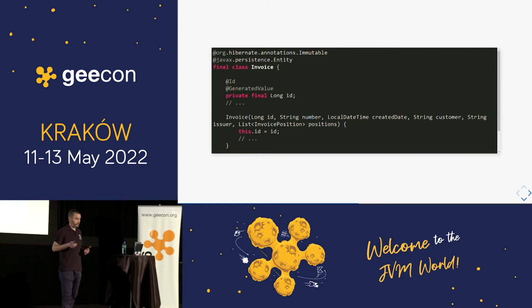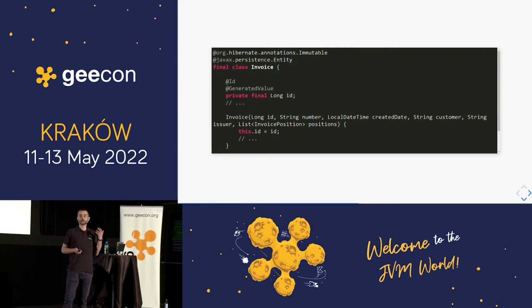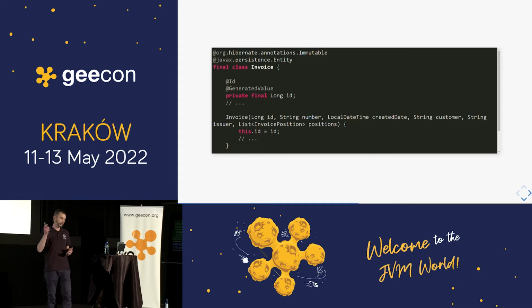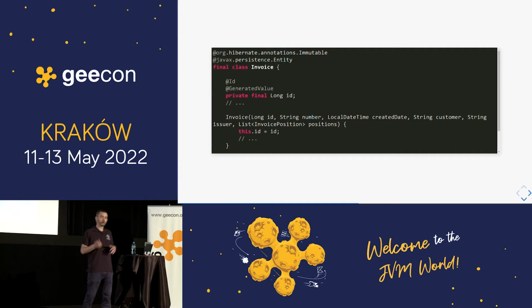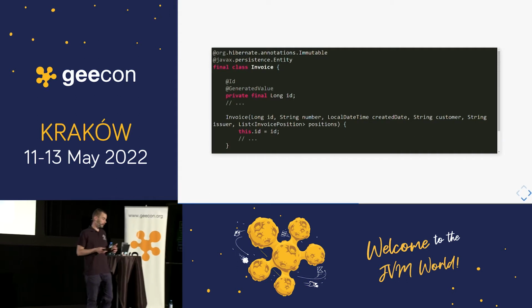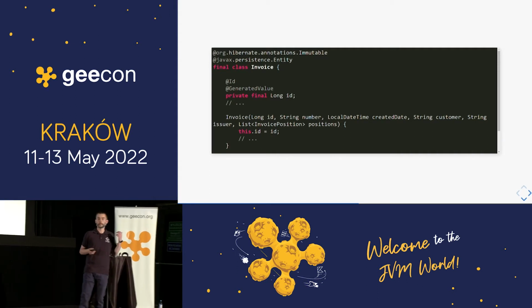For example, in this case, when you first create an instance of Invoice, you use this constructor. Every field is final. But remember, of course, it works thanks to the Immutable annotation.